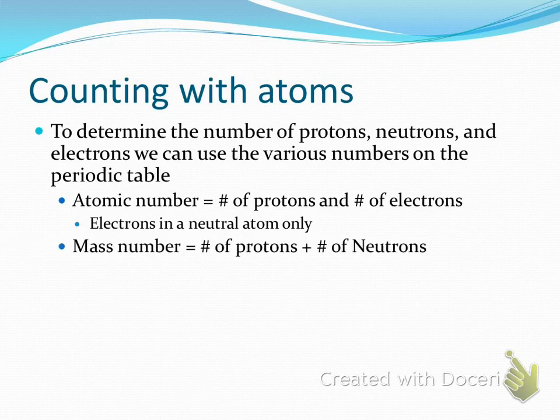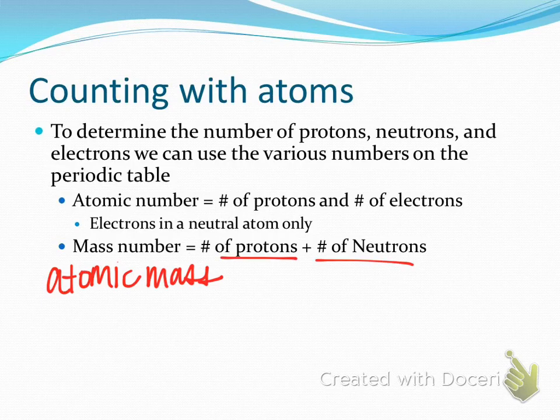The mass number, or the atomic mass, I much more often use the term atomic mass, is protons plus neutrons. The important thing for us to remember is that the atomic mass is not the same for every single version of an element. We saw hydrogens that have an atomic mass of 1, an atomic mass of 2, and an atomic mass of 3.